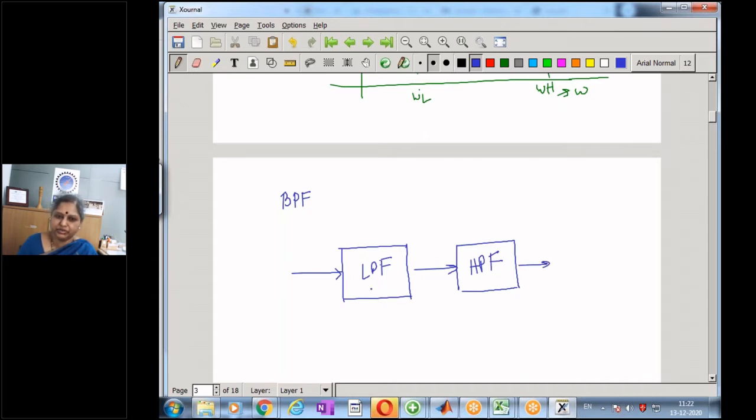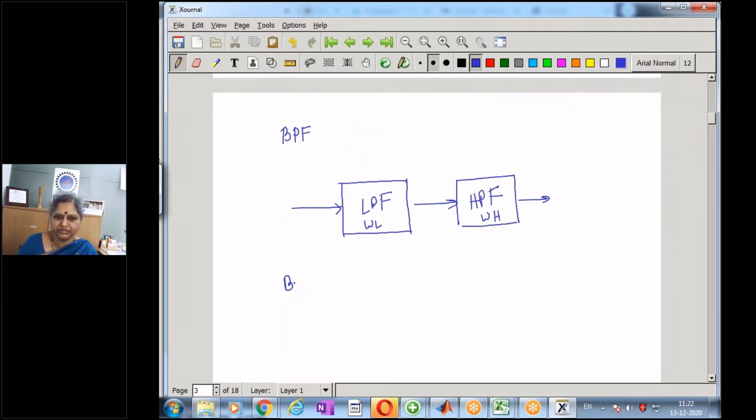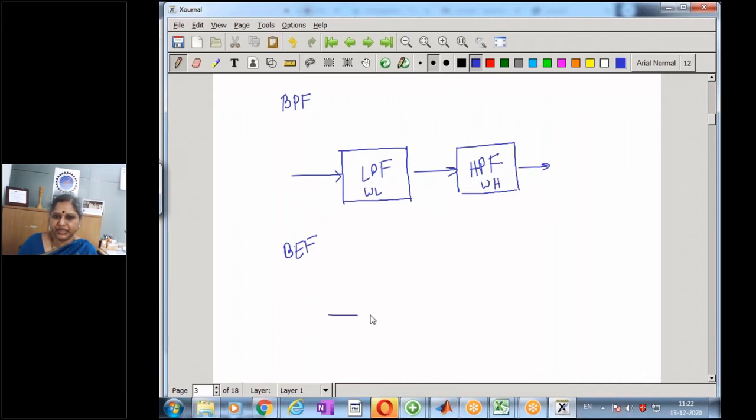This combination, a low pass filter with the cutoff of omega L and a high pass filter with the cutoff of omega H, will give me the band pass filter. Similarly, if we require a band elimination filter, then I need to have a parallel combination of a low pass filter and a high pass filter.